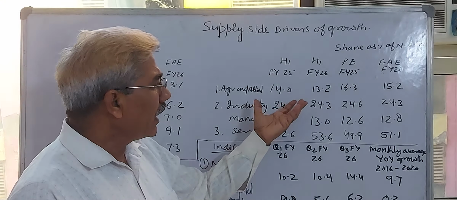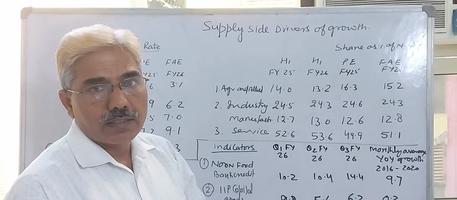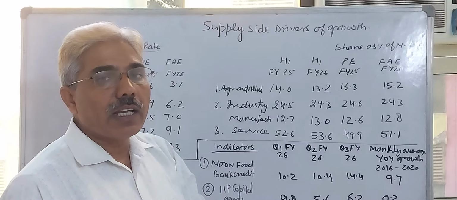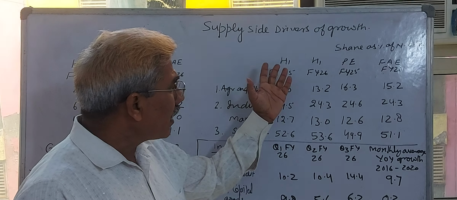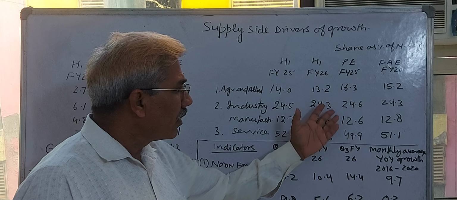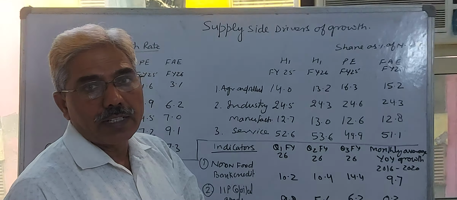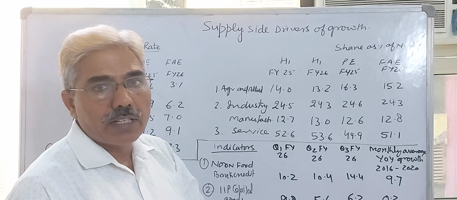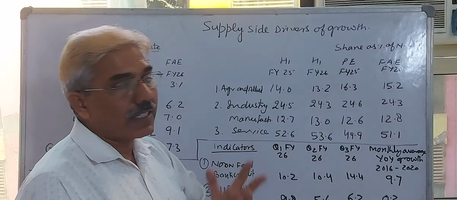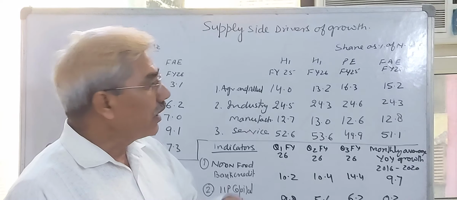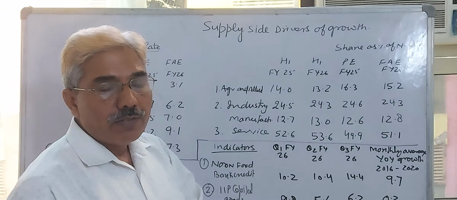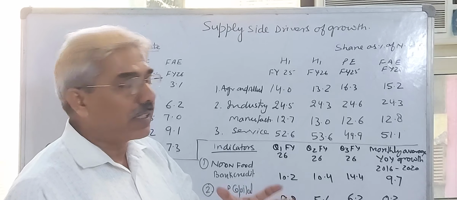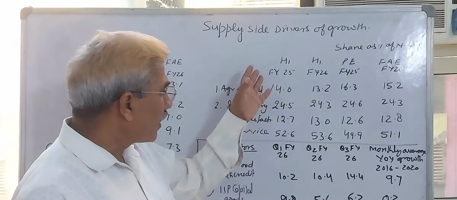And if you know the investment pattern of these sectors, then you can realize what kinds of growth rates they contribute in different financial years. What is the role of credit or bank loans in the development of these sectors? What kinds of structural reforms are taking place under these sectors? Then you can easily understand how much they contribute to our overall GDP growth rate.